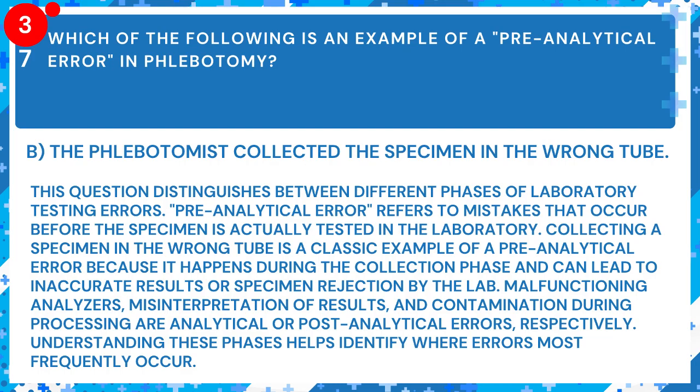Collecting a specimen in the wrong tube is a classic example of a pre-analytical error because it happens during the collection phase and can lead to inaccurate results or specimen rejection by the lab. Malfunctioning analyzers, misinterpretation of results, and contamination during processing are analytical or post-analytical errors, respectively. Understanding these phases helps identify where errors most frequently occur.